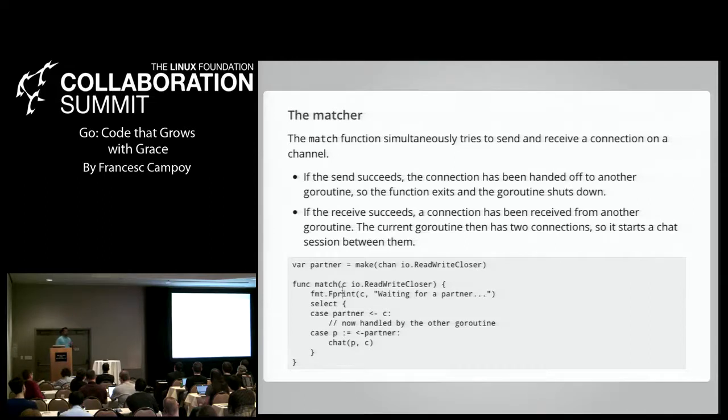So randomly, we'll choose one. And that one that is chosen will imply who gets the connection. So in the code, if we are able to put the connection into the channel, we consider that we're good, and we exit the function. Otherwise, if we get a partner, we are in charge of executing the chat function.